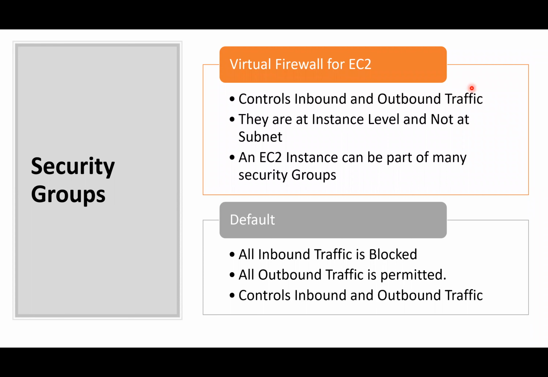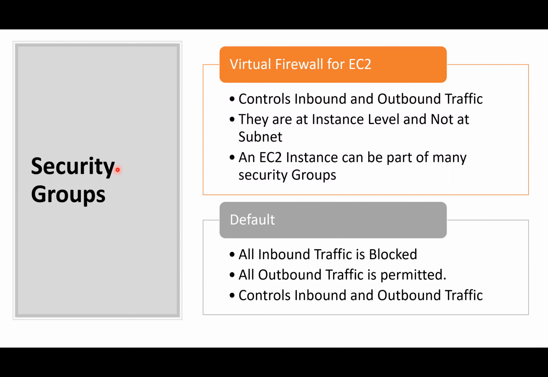They are at the instance level and not at the subnet level. If you see any questions in your exam, keep this in mind. There will be a question for sure in the exam, and I'm 100% sure, because a lot of students get confused between security groups and NACLs, or network access lists.